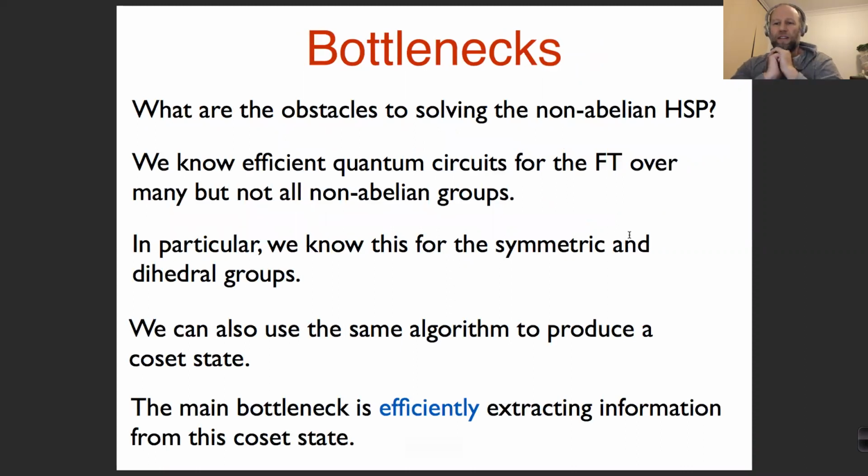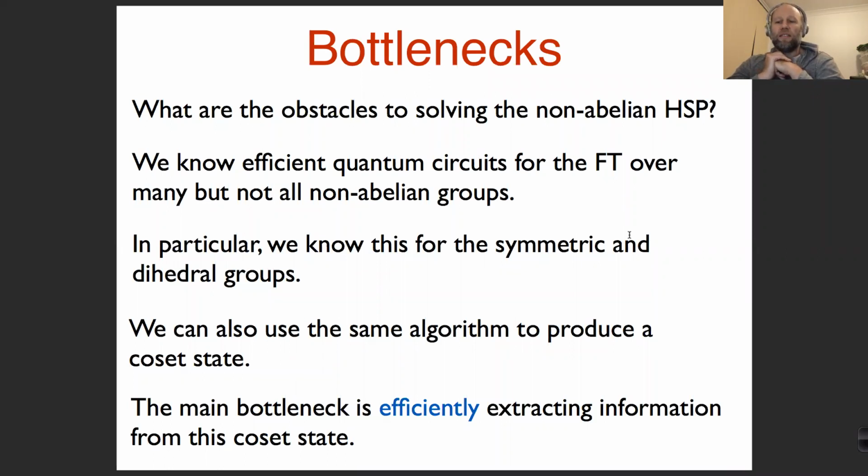Okay, to finish this section, I just wanted to talk about what the difficulty is in solving the non-Abelian hidden subgroup problem. The difficulty is not actually in implementing a Fourier transform over these groups. We know efficient quantum circuits for the Fourier transform over a lot of non-Abelian groups, in particular over the symmetric group and over the dihedral group.